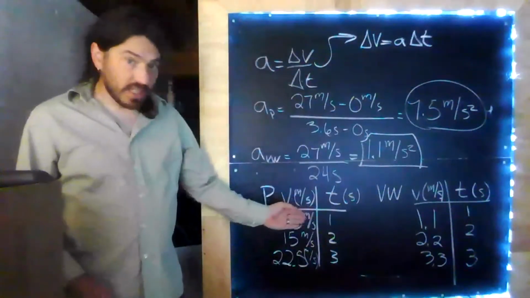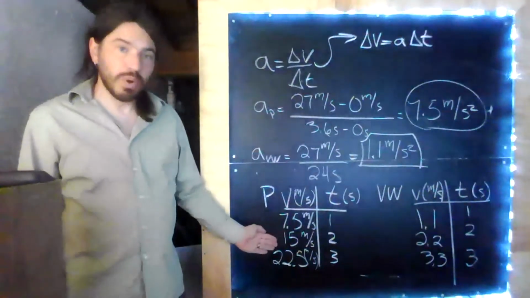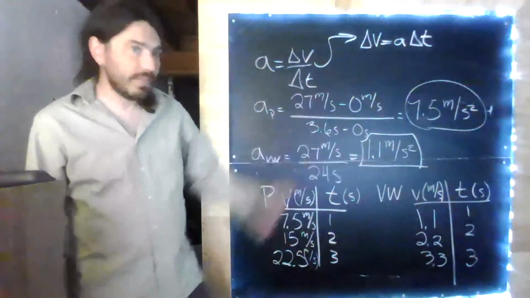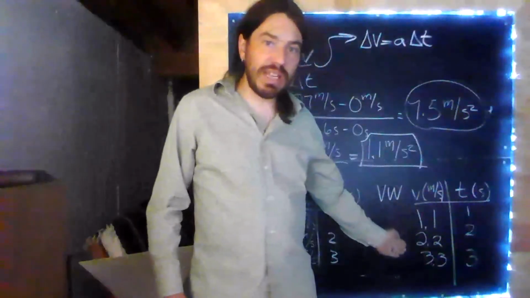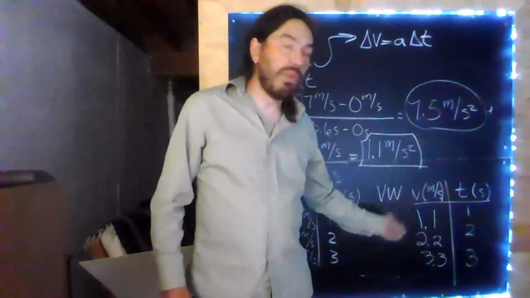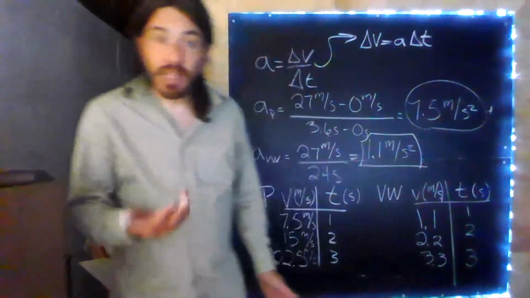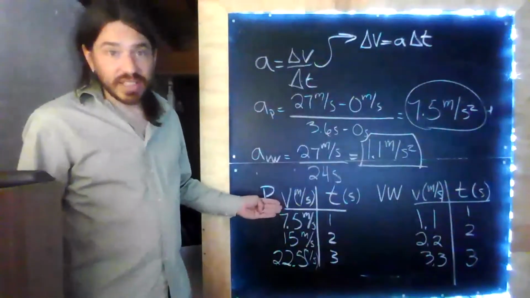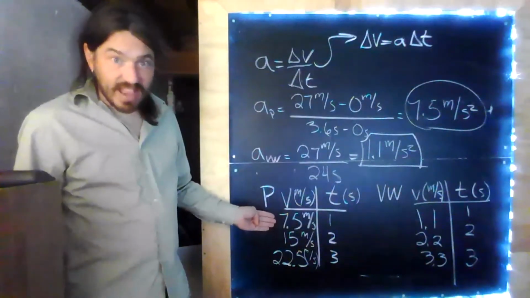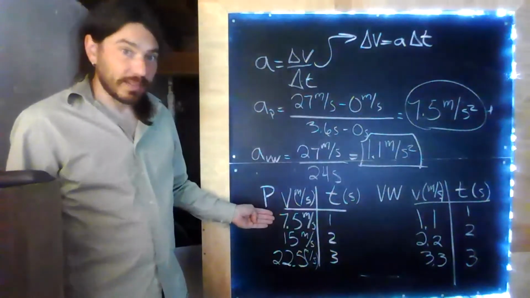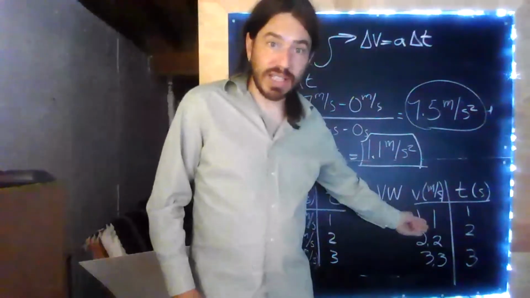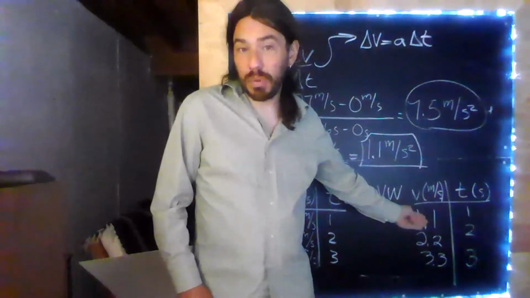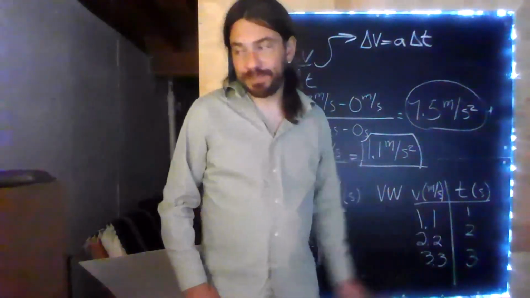Every second, the speed increases by 7.5 meters per second. That's what that means. Every second, the speed increases by 1.1 meters per second. To use velocity and direction, every second, the velocity changes by positive 7.5 meters per second. Every second, the velocity changes by positive 1.1 meters per second.